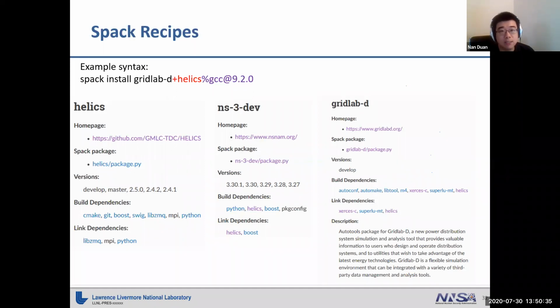And when there is a new release coming out, we can easily swap that with the previous one. So the syntax here is, if you do a spack install GridLAB-D with the HELICS feature, using the compiler GCC 9.2.0, you can just do it in a line, simply like this.